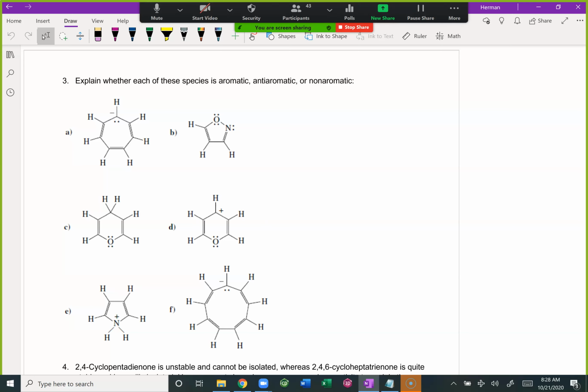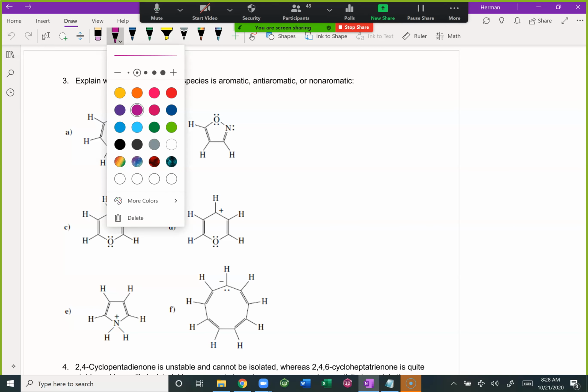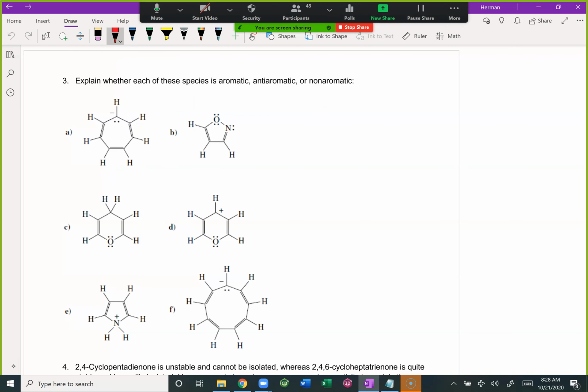Let's do A. I'm going to write it down here on the right side for A, and you guys are going to help me out. How many total pi electrons can you read? Tell me the pairs first.